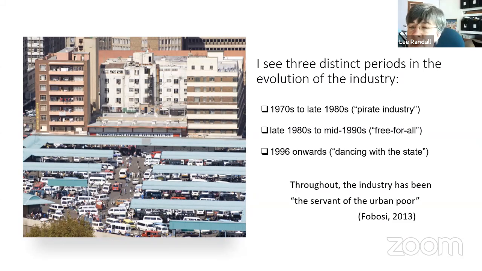And from 1996 onwards, so virtually coinciding with the birth of democratic South Africa, I call the era that we are currently in the dancing with the state era. And I'm going to come back to that a little bit later. But what's very clear is that throughout these three eras, the industry has been what Fobosi calls the servant of the urban poor.